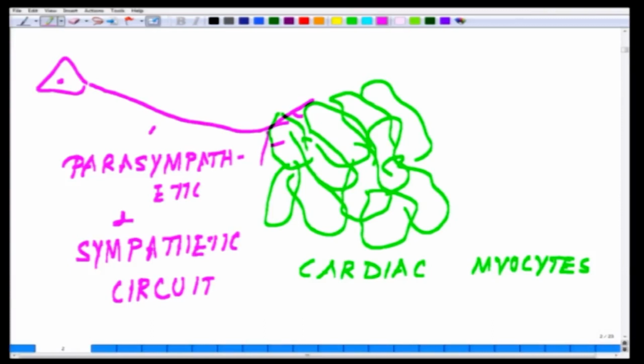So, you can translate this whole thing onto a microelectrode array to study the exact mechanism of what is happening.